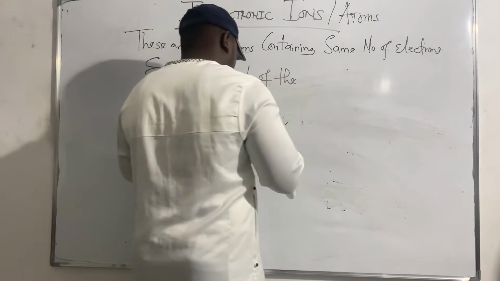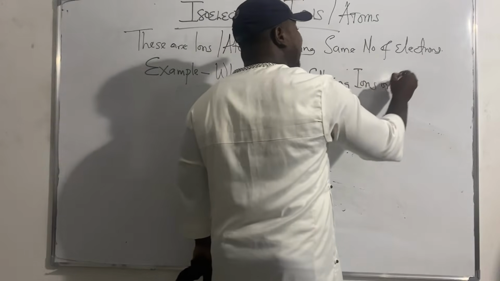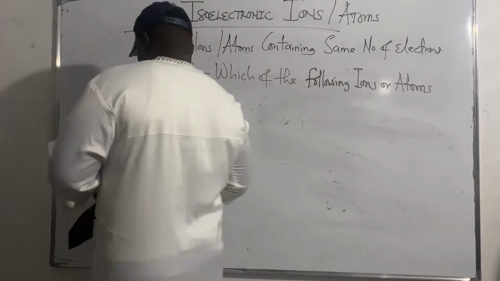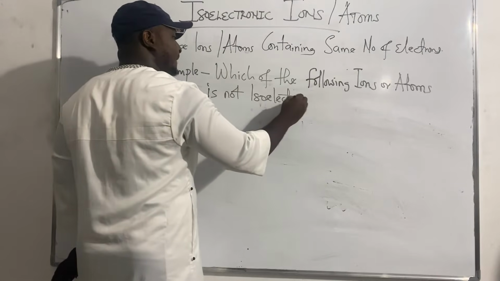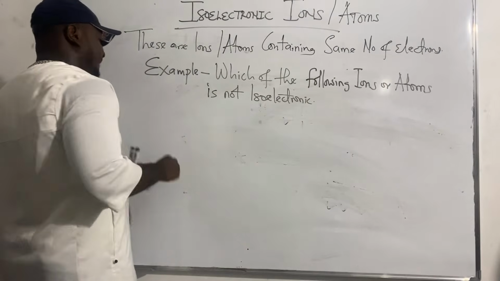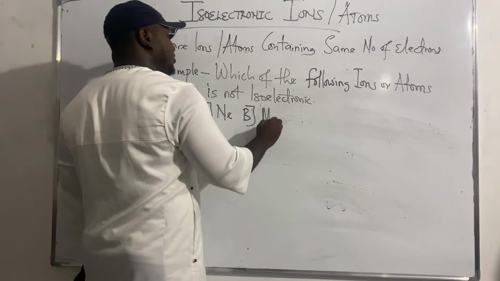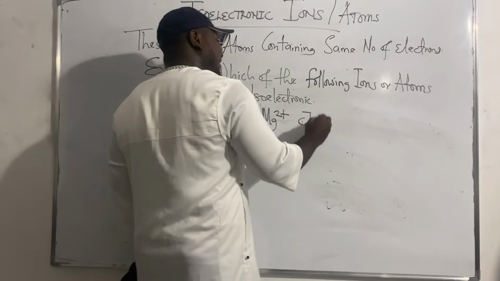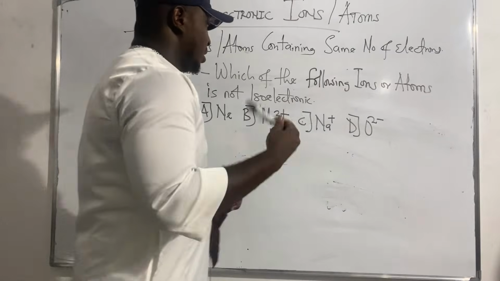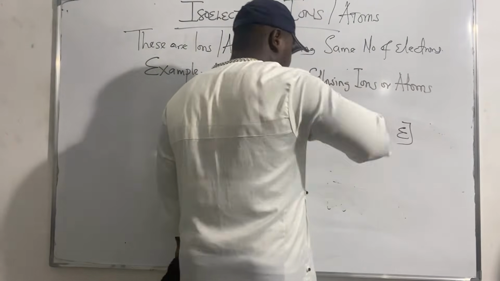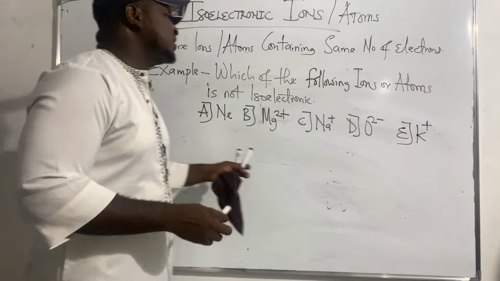A, we have neon. B, we have Mg2+. C, we have Na+. D, we have O2-. And E, we have K+. Which of the following ions or atoms is not isoelectronic?